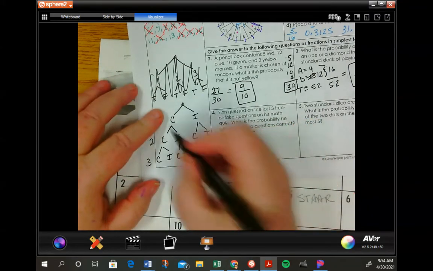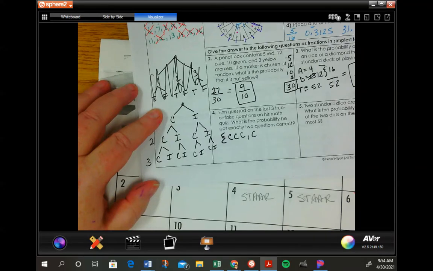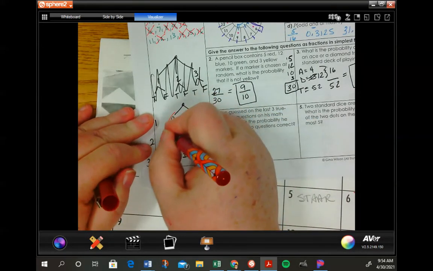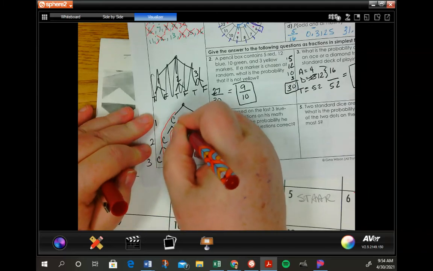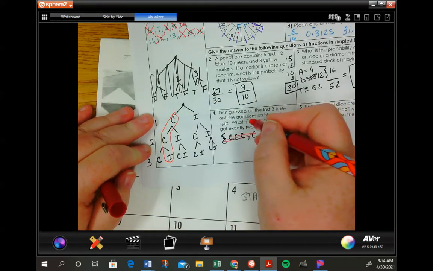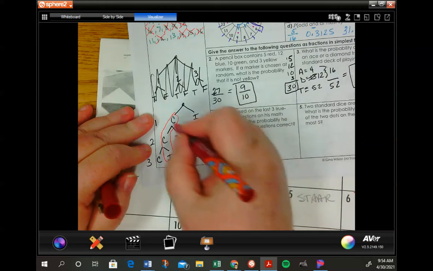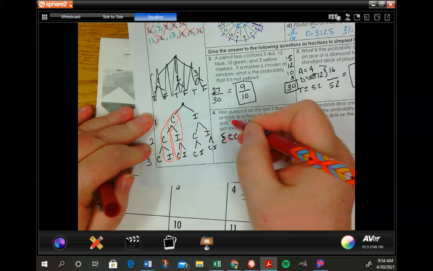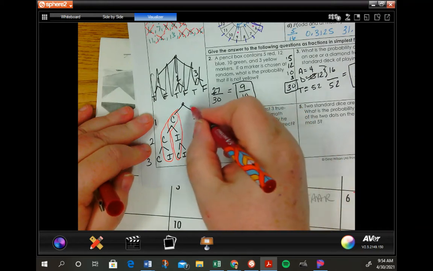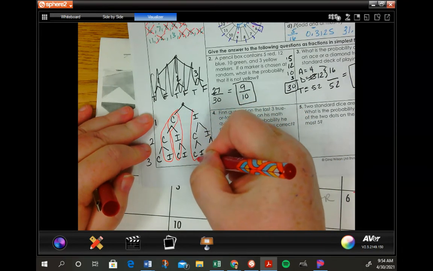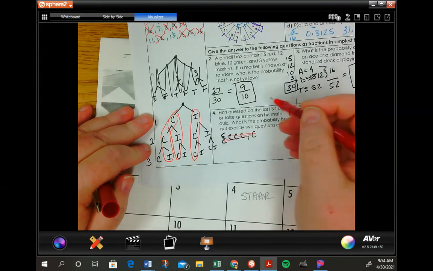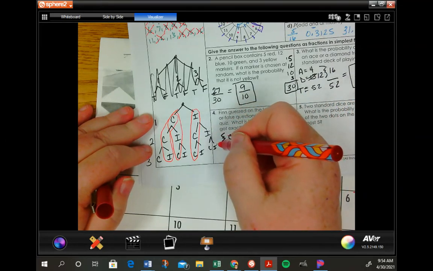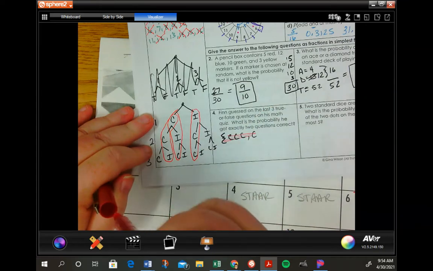We only want the ones with 2 correct. So let's do that. Let me scratch this. So correct, correct, incorrect. Correct, incorrect, correct. Incorrect, correct, correct. Only 3 options.